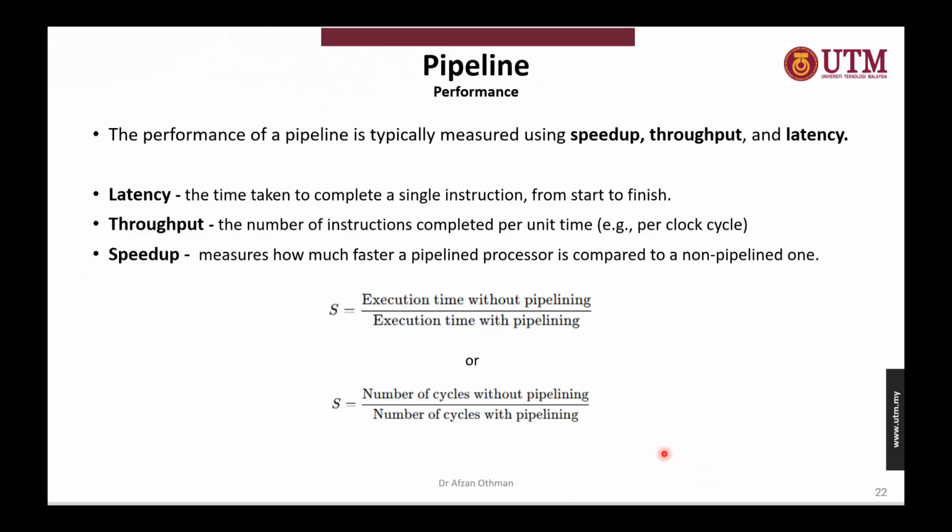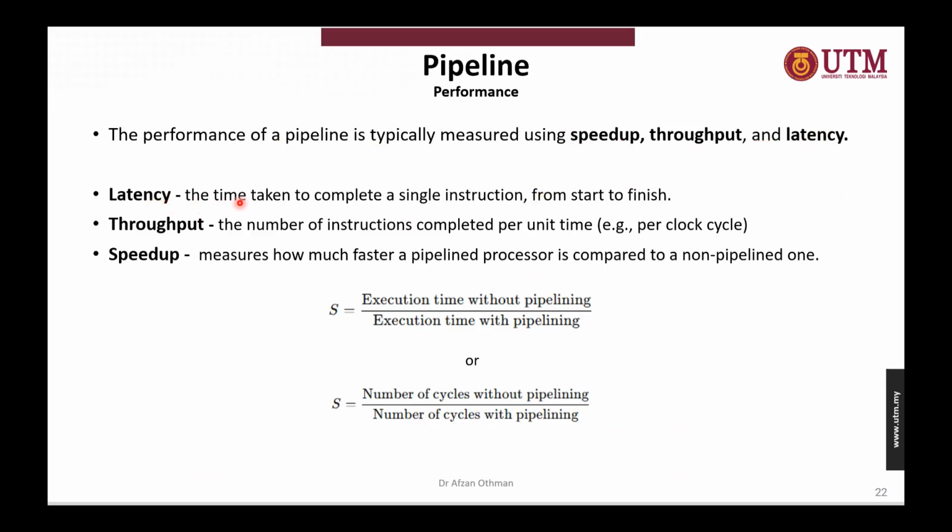So now we're going to look at how to calculate the performance for each of the pipeline. The performance of a pipeline is typically measured using speed up, throughput, and latency. So this is how you're going to measure whether your system has a high performance or not. So what is latency?